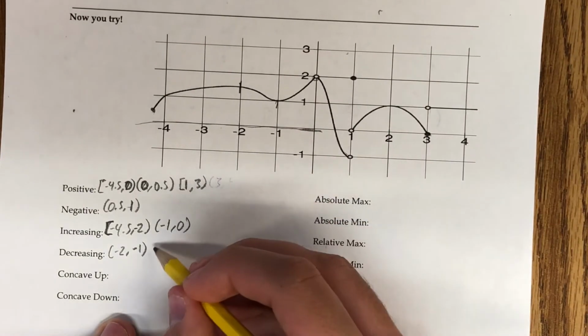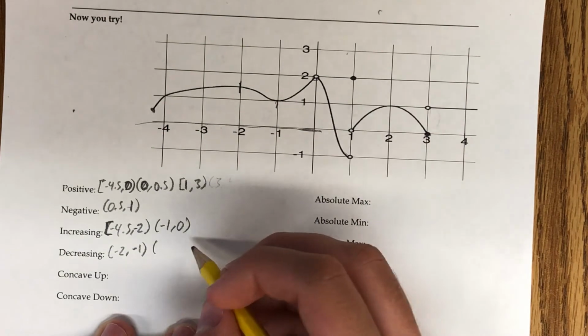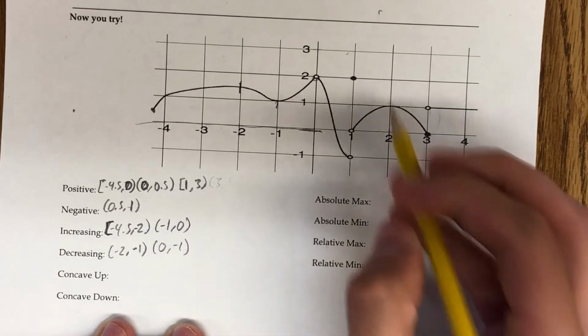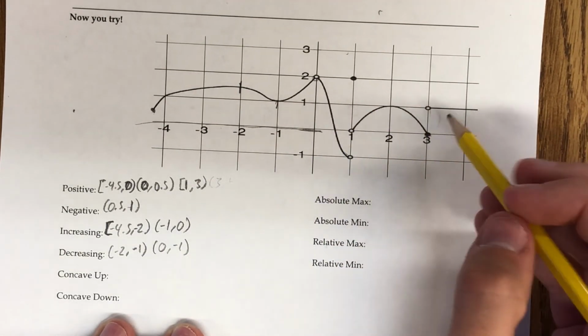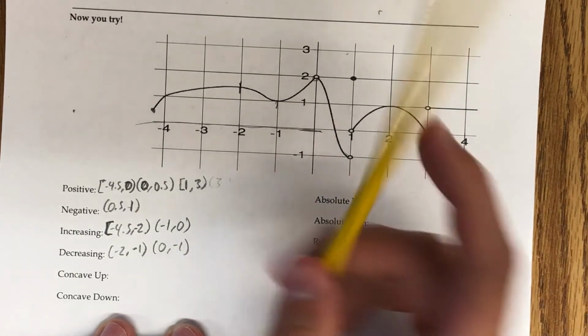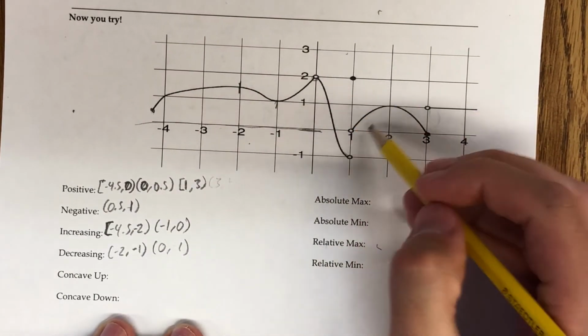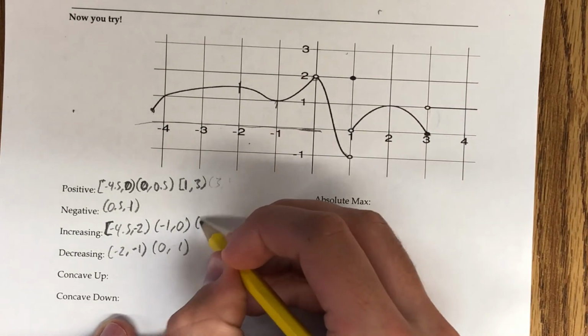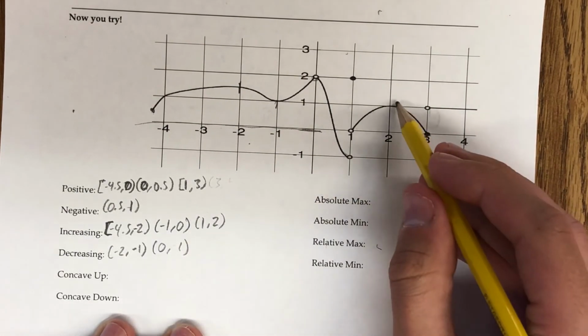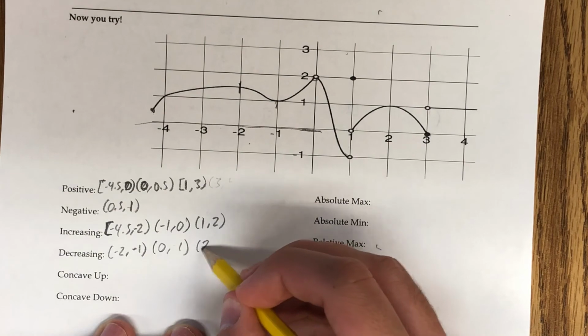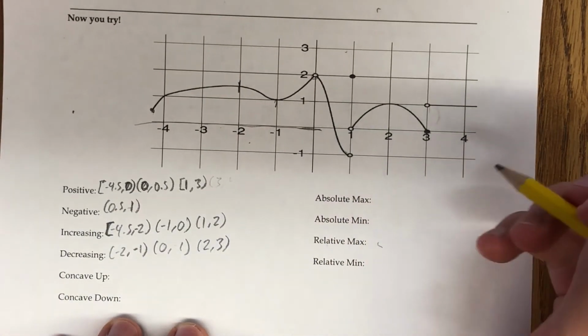Stops there. From 0 to 1, it's increasing, not including either point. From 1 up until 2, it's increasing. From 2 to 3, it is decreasing.